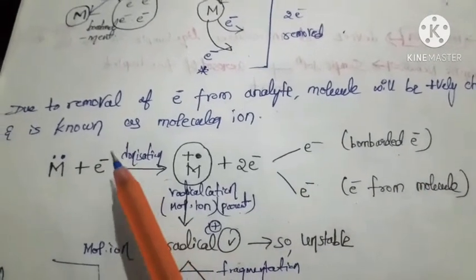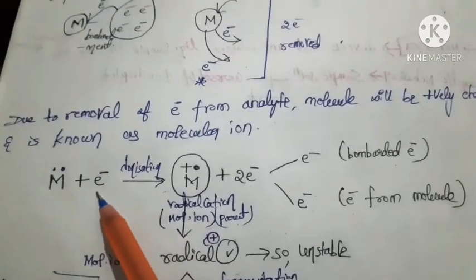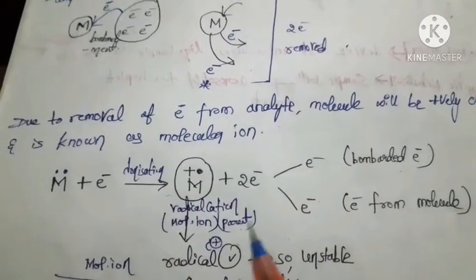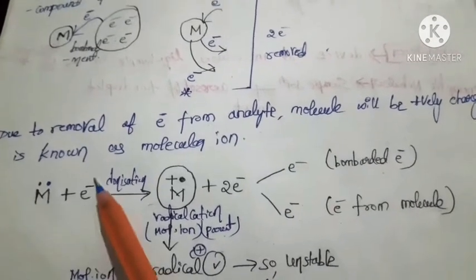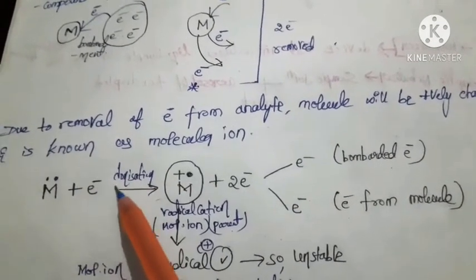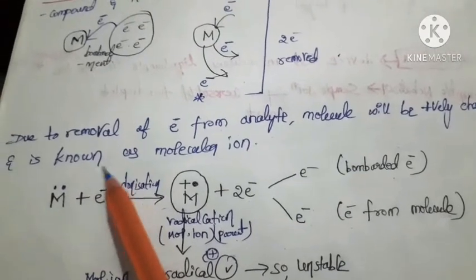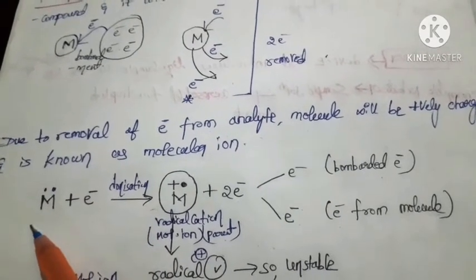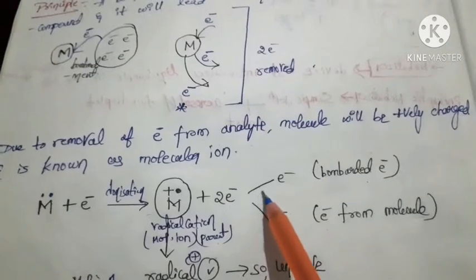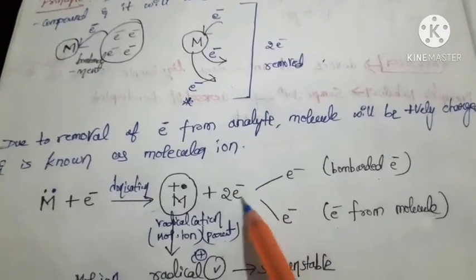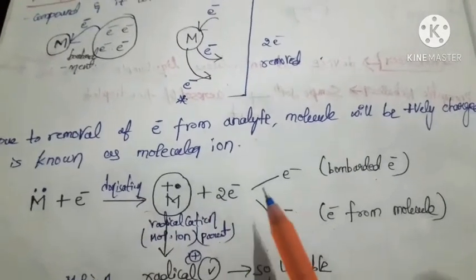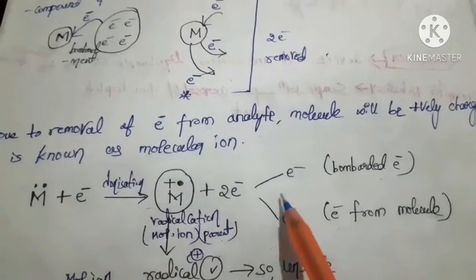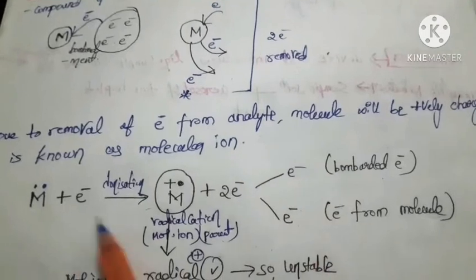Of course a beam of electrons will bombard, but for our simplicity, to understand, here we are showing a single electron bombarding the molecule. The first electron which is removed is the bombarded electron.